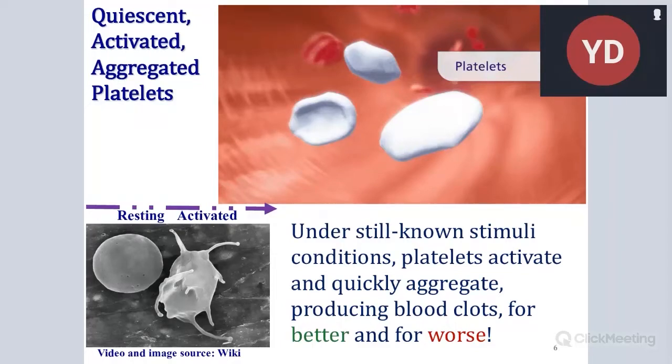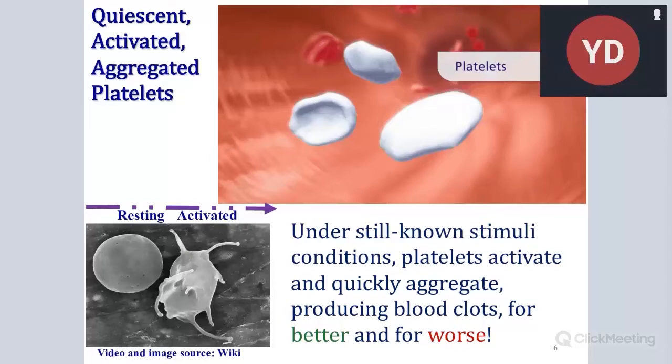And there are a couple of states. Obviously, there is a quiescent state. That's when platelets are doing their job, and 99.99% of them are doing this. Occasionally, they get activated, and after they get activated they do fantastic things. And this activation mechanism is unclear.